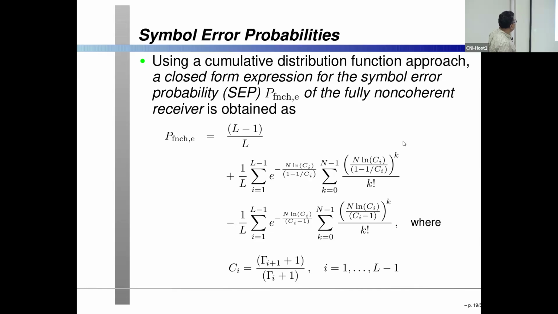That is what happens in the fully non-coherent case in Rayleigh fading. So this is the expression, and it's a simple expression, gamma CDF type. It can be derived. The derivation is in one of my papers.